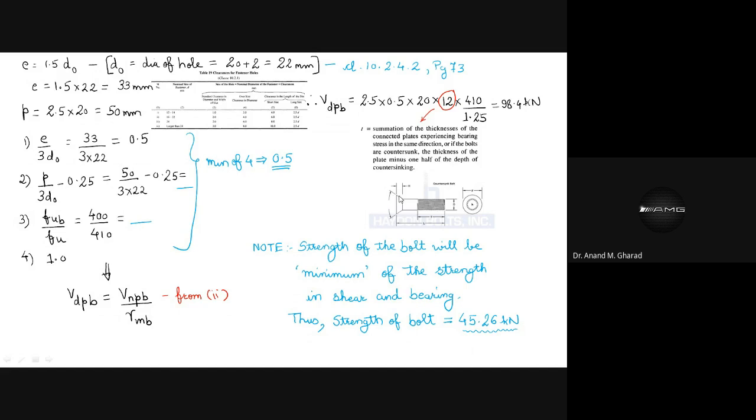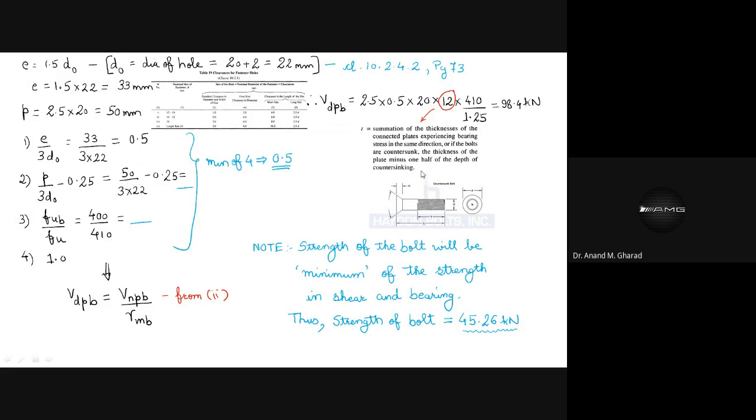Generally the head of the bolt is hexagonal in shape, and there is no slanting formation of the head. If such slanting formations are there, just like your screw, this is known as a countersunk bolt. So if we are making use of such a countersunk bolt, then you are supposed to consider this value, whatever is mentioned over here, for small t.